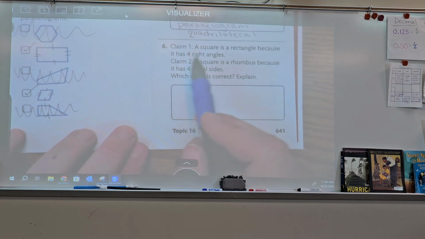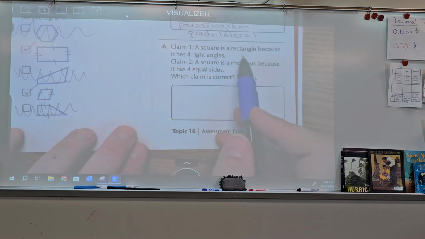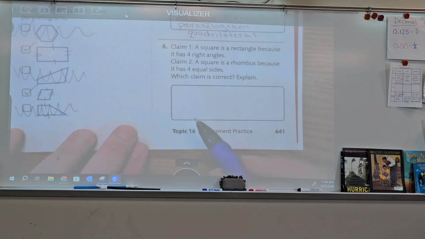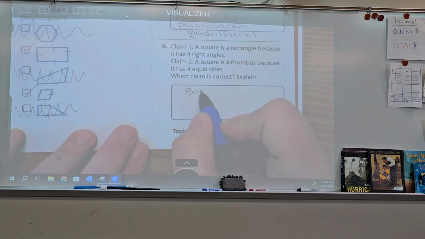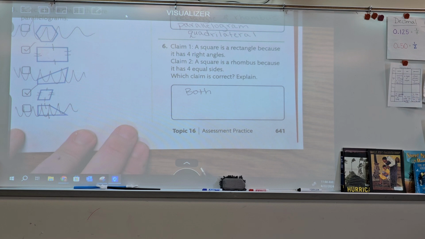So here's my claim. A square is a rectangle because it has 4 right angles. The second claim is a square is a rhombus because it has 4 equal sides. Which claim is correct? Well, as we talked in the last one, both of them are correct. How do I know?